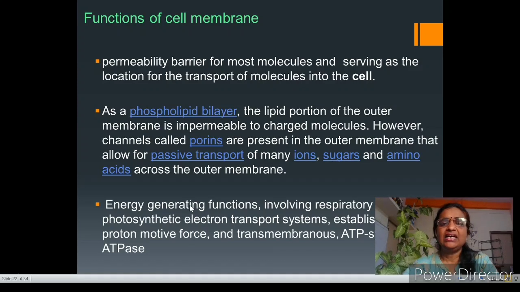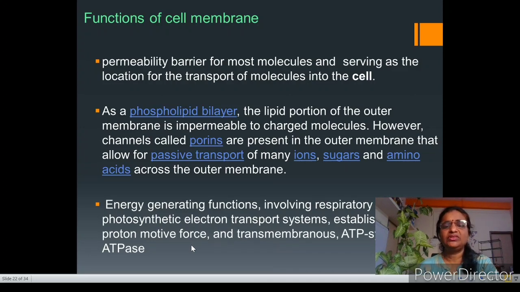Third function: as I told, these lateral proteins may be components of the electron transport chain. Here the electron transport chain is the energy synthesizing machine of the cell. So energy is synthesized at the cell membrane. The cell membrane is associated with energy generation. Energy generation involves the respiratory and photosynthetic electron transport chain and establishment of proton motive force.